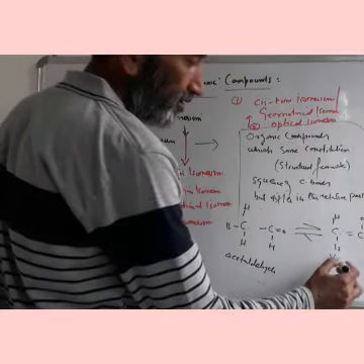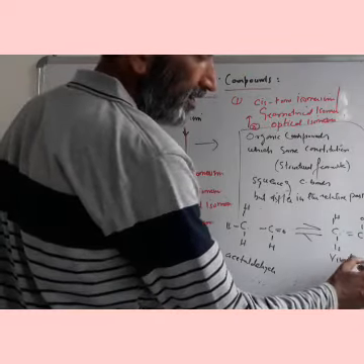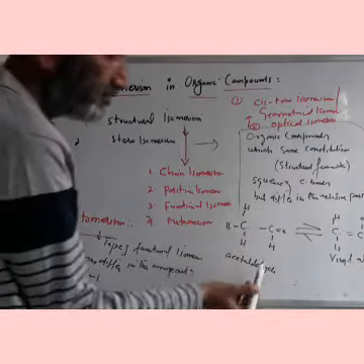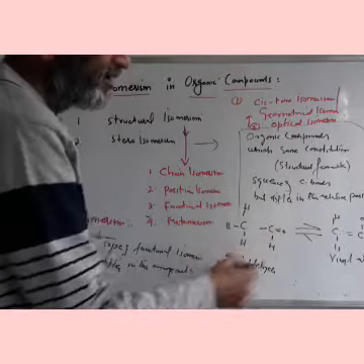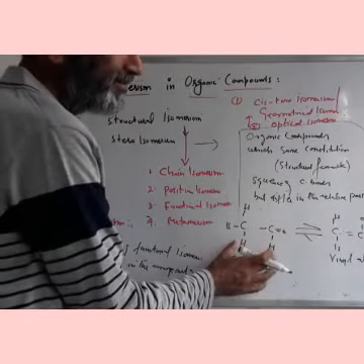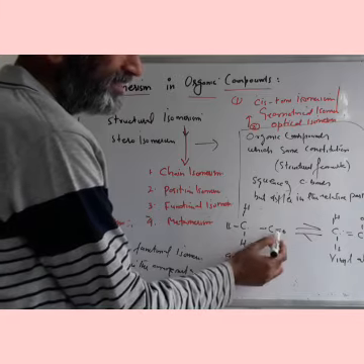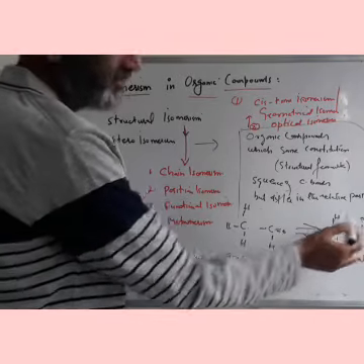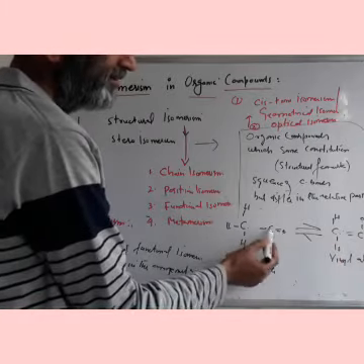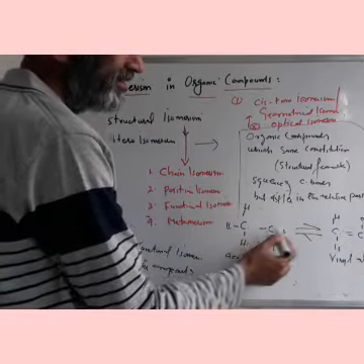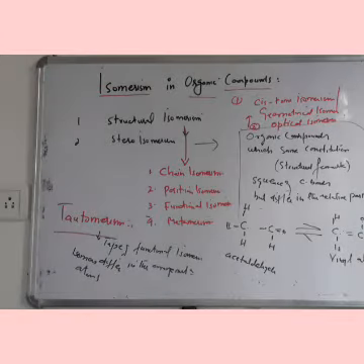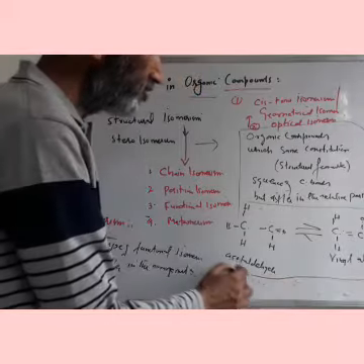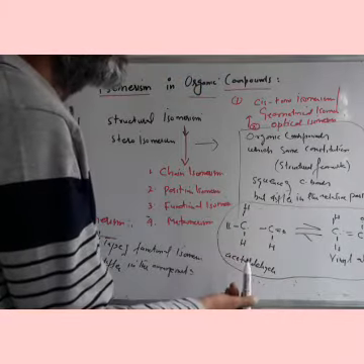This is vinyl alcohol. These two have the same molecular formula, but they differ in the arrangement of atoms. Here there is C double bond O, here C single bond OH. Here there is C double bond C. So vinyl alcohol and acetaldehyde are said to be tautomers, and the phenomenon is known as tautomerism.